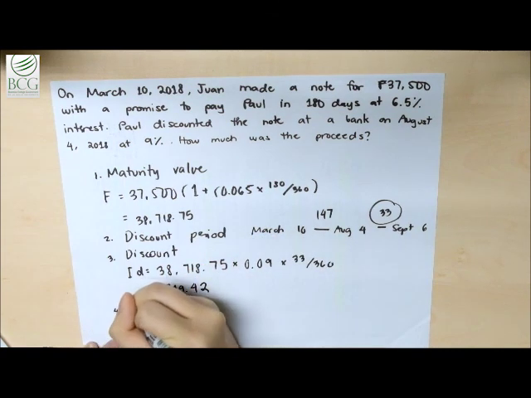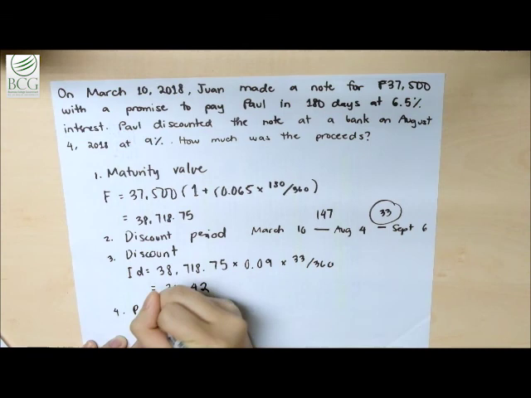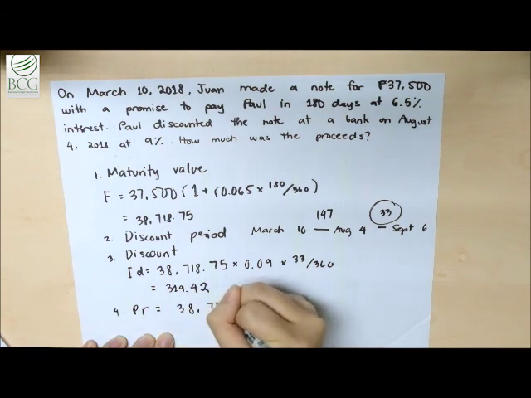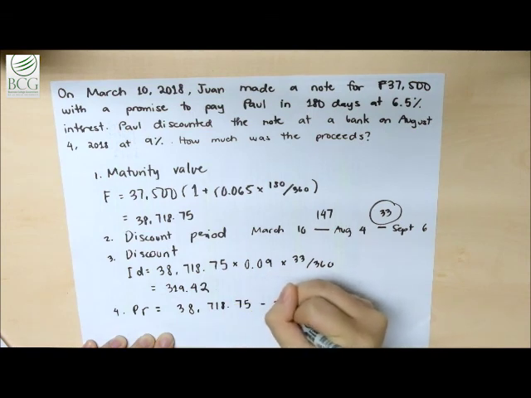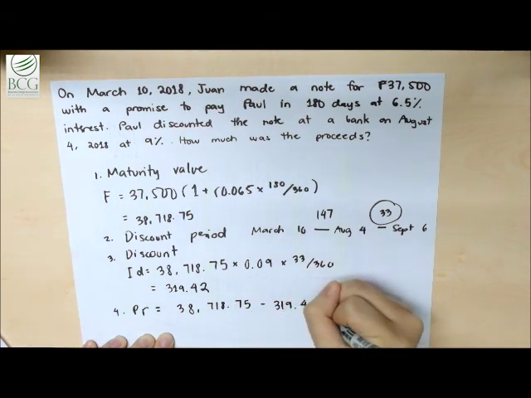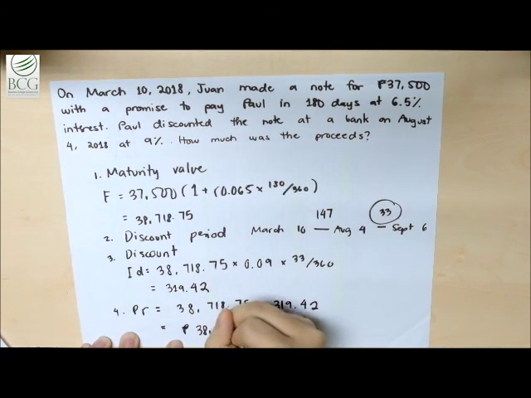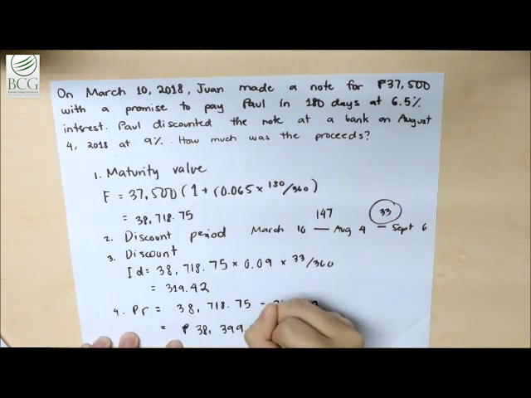And lastly, we can now solve for the proceeds. So the proceeds is equal to 38,399.32.